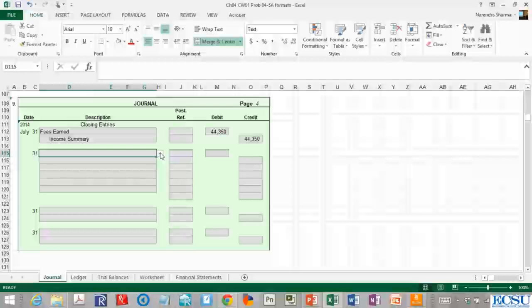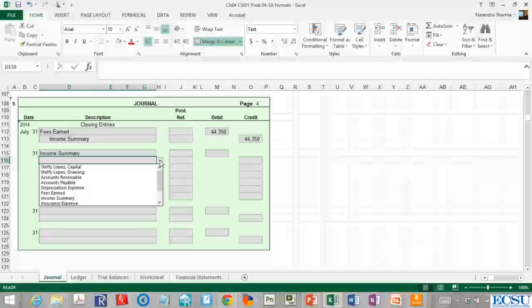Now we are going to close all the expenses. To close the expenses, I need to credit them. So what would I debit? I'll be debiting the income summary account, and I'll be crediting all the expenses one by one. First would be the salary expense, let's see. Okay, I don't see the salary expense somehow. Let's see the other expenses.